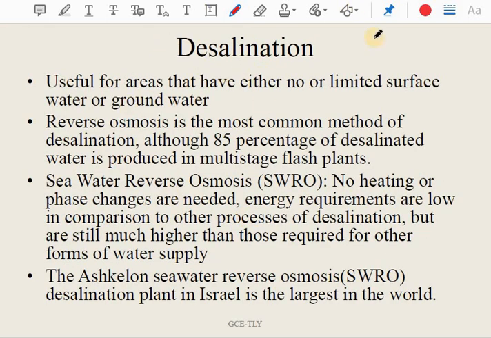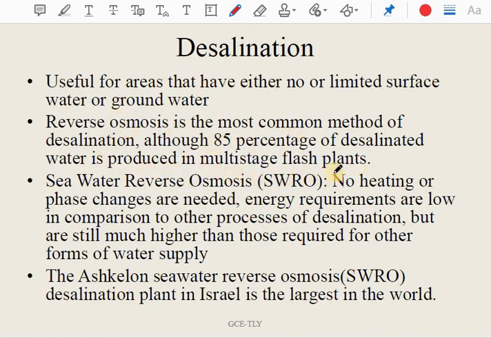One of the applications of RO is desalination, that is, purifying seawater. We can adopt desalination in areas that have either no or limited surface water or groundwater. Reverse osmosis is the most common method of desalination, although 85% of desalinated water is produced in multi-stage flash plants.